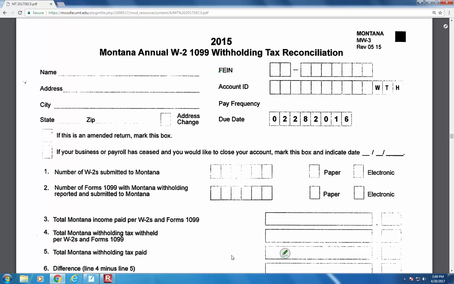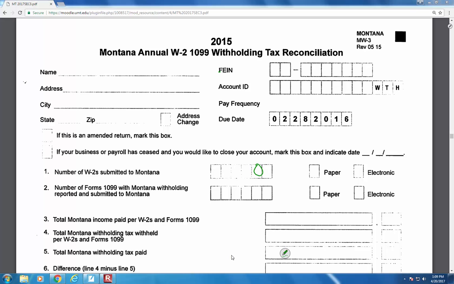So here's the name of the company, the address, and so on. What does an amended return mean? If I check that box, what would that mean? Yeah, something else. I screwed up the one I've already filed, so please throw that one away and use this instead. Number of W-2s, that's how many are you attaching?